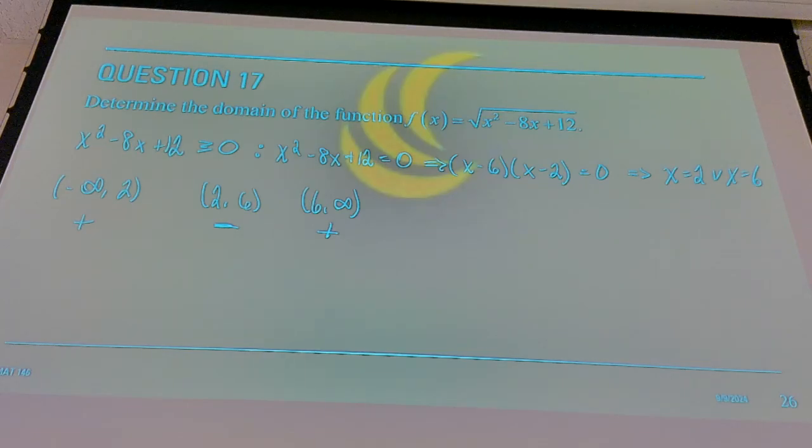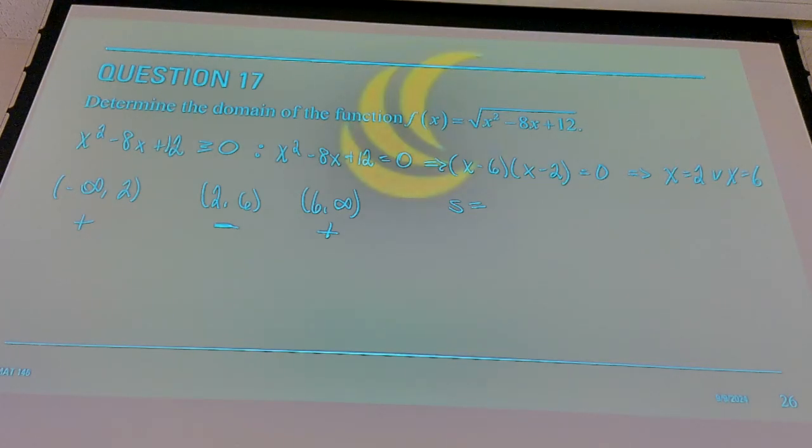What was the inequality that we were solving? x squared minus 8x plus 12 is greater than or equal to 0.